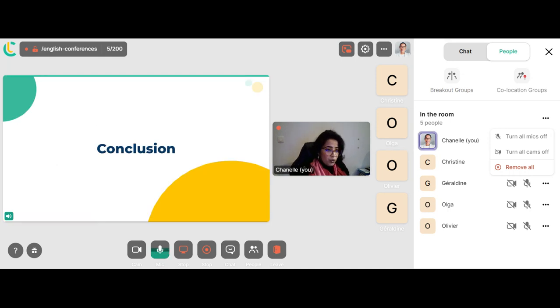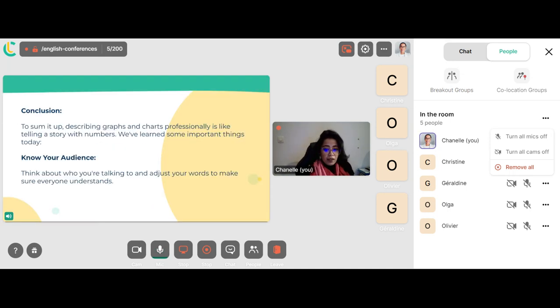So in conclusion, to sum it up, describing graphs and charts professionally is like telling a story with numbers. We've learned some important things today. For example, it's important to know your audience. Think about who you're talking to and adjust your words to make sure that everyone understands.